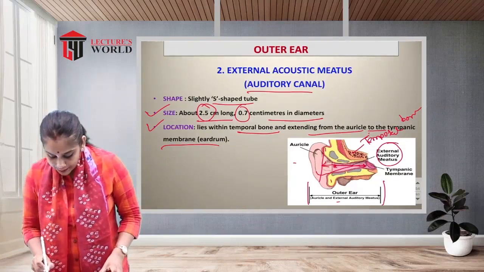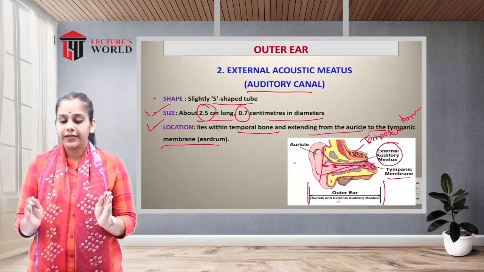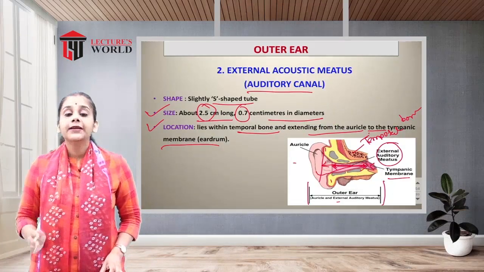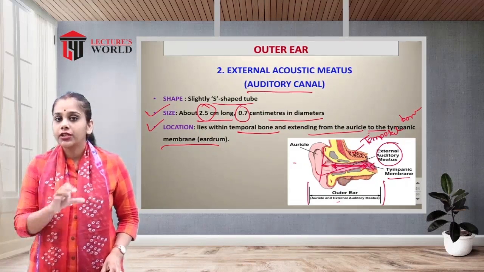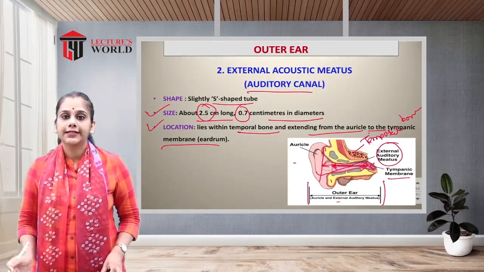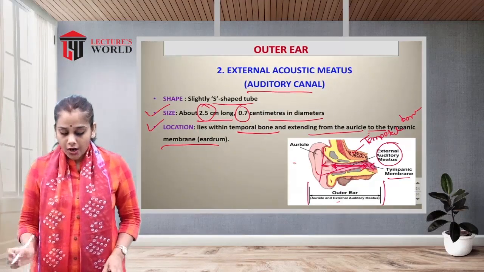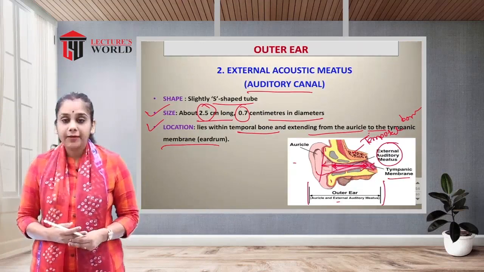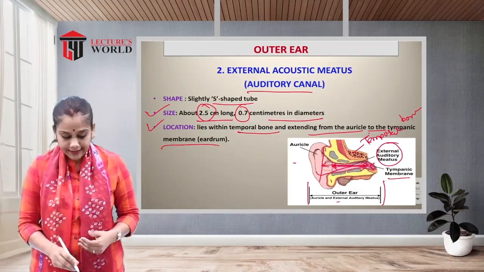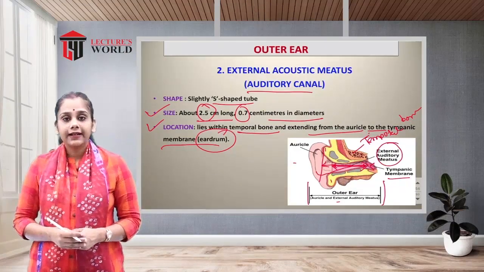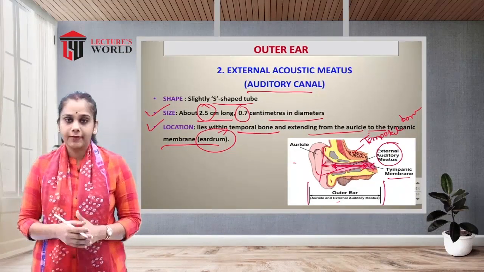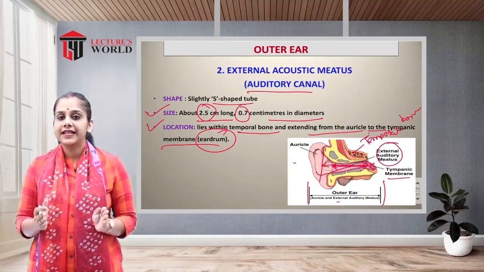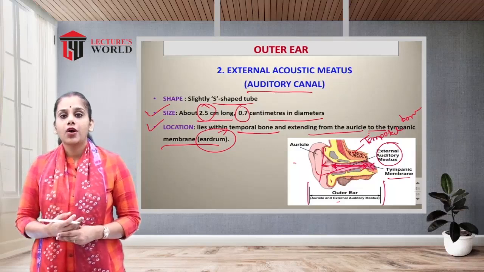See, here there is the tympanic membrane. So the tube between the auricle and the tympanic membrane is known as the auditory canal or external acoustic meatus. From the auricle to the eardrum, this place is known as the external auditory canal.